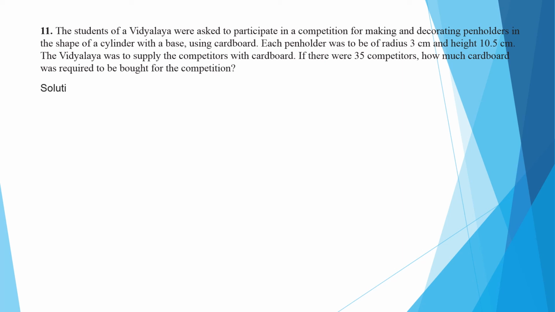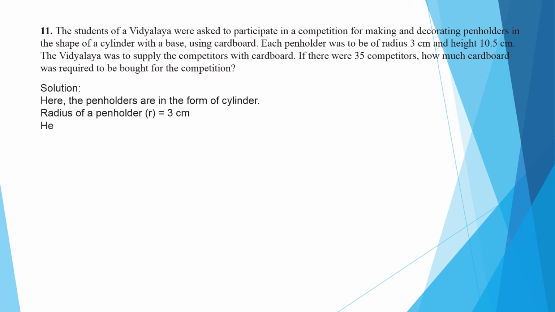Let's begin the solution. Here the pen holders are in the form of a cylinder with a base. Base is important, okay. So radius is given 3 cm, height is given 10.5 cm.